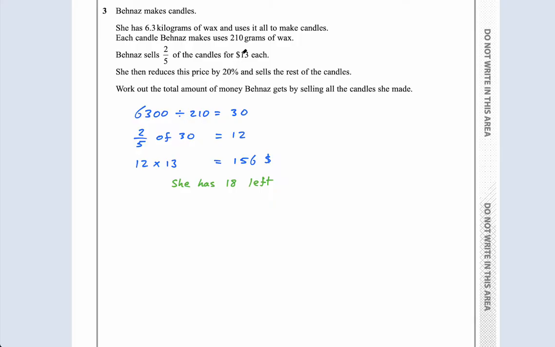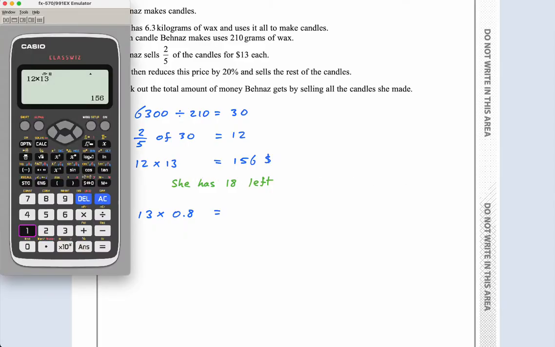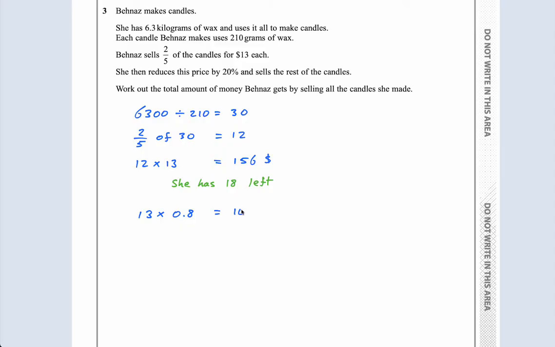Well, I have to reduce $13 by 20%. The way I like to do that is multiply by 0.8, because 20% less is 80%. So I'm going to get 80% of 13. What is 80% of 13? Well, it's 13 times 0.8, and that is 10.4.